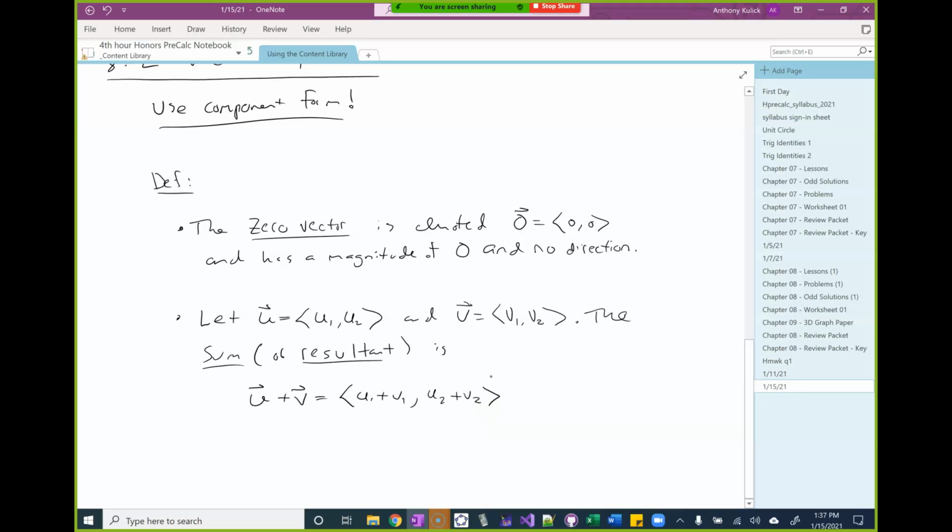So to add two vectors in component form, super simple. You just add the x components together and you add the y components together, which is super lovely, right?